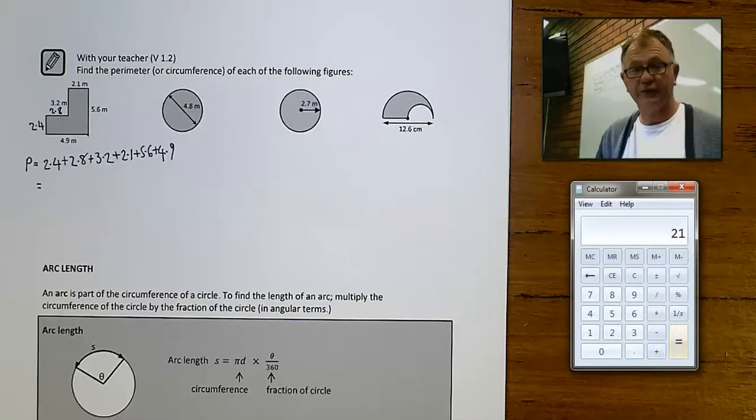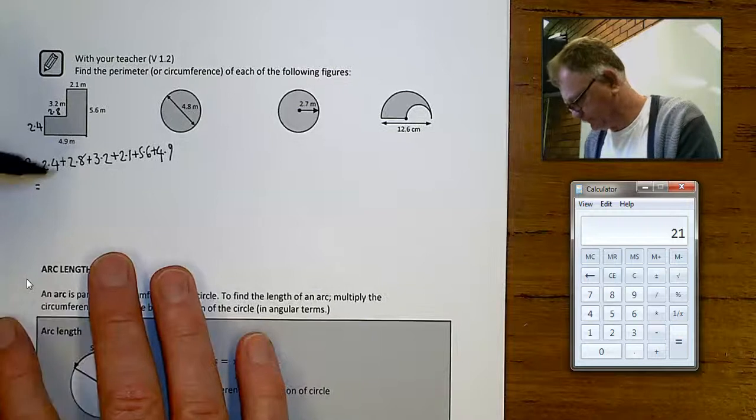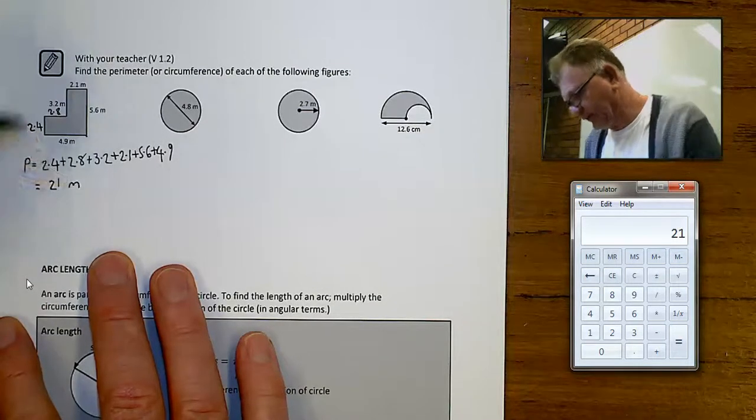I've got them all. That equals 21. Exactly so. 21 metres is the distance all the way around there.